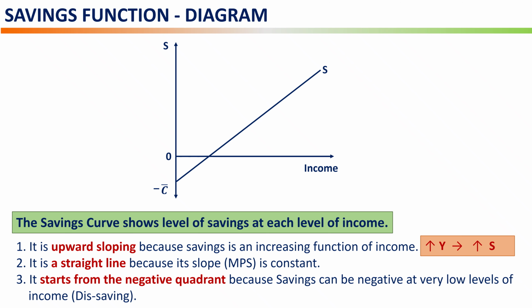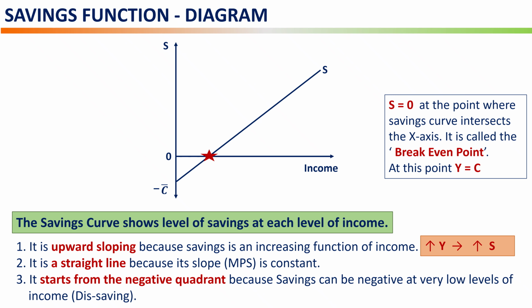Now here let me introduce a concept called the break-even point. The red star in the diagram above is the point where the upward sloping savings curve intersects the x-axis. And at this point, savings are 0.